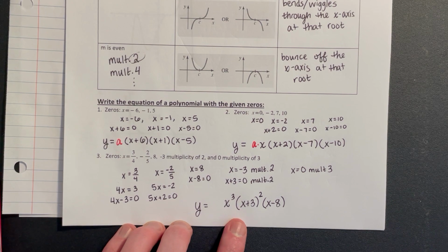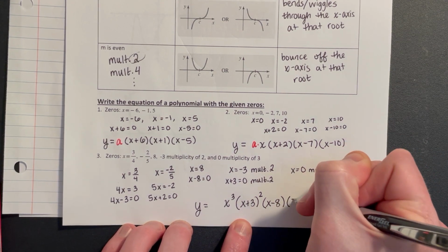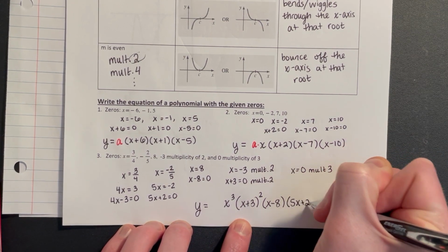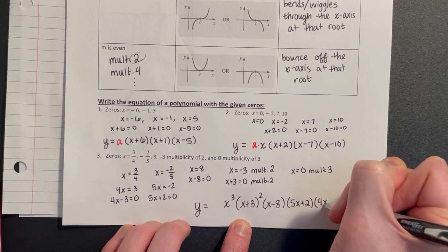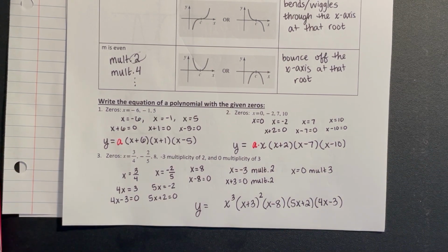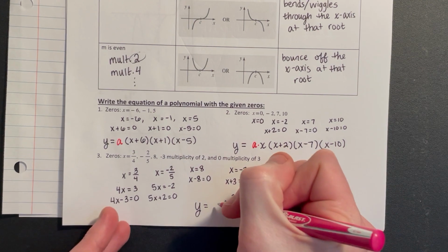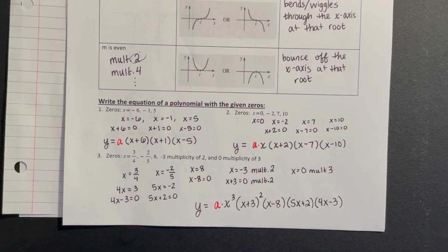Doesn't have a multiplicity, it's just to the 1st. A 5x plus 2. And a 4x minus 3. Again, there technically could be some type of constant out front, so I'm just going to write a times whatever that is. But these are all creating the factors from the specific root.